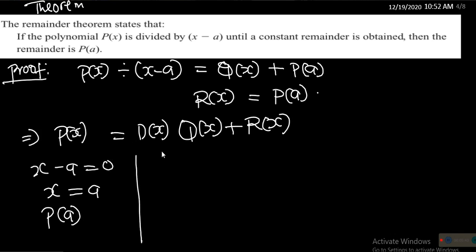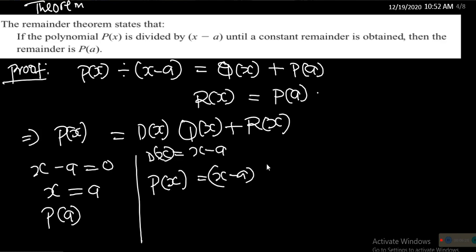Because the divisor d of x is x minus a, if you substitute that here, you have p of x equal to x minus a multiplied by q of x plus r of x.